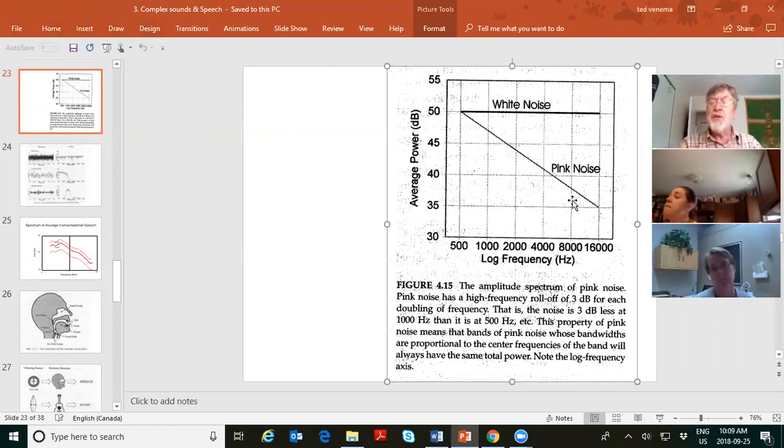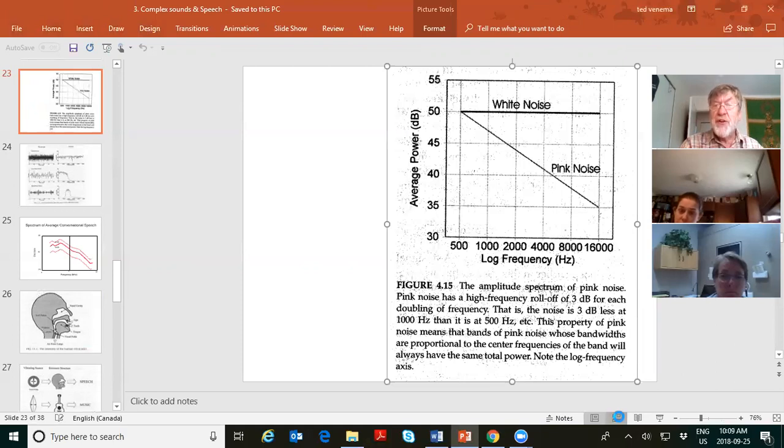So pink noise has a lower frequency spectrum. So if white noise sounded like this, pink noise would sound like this. So if they're making a noise spectrum to imitate the spectrum of speech, they often use pink noise.